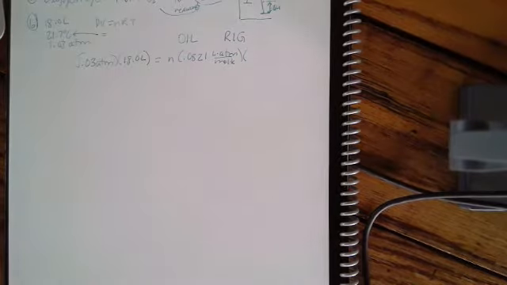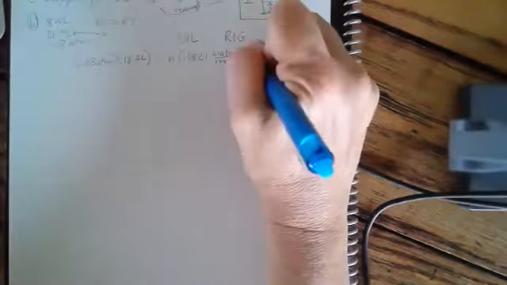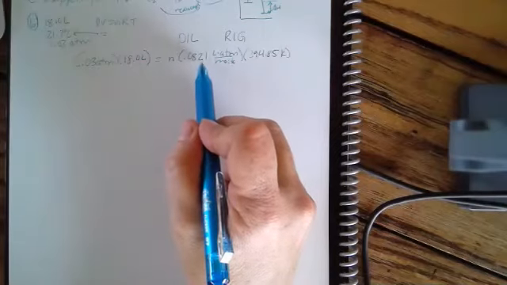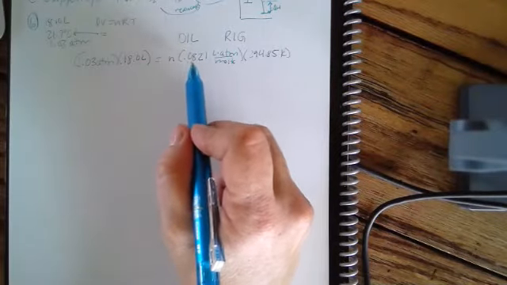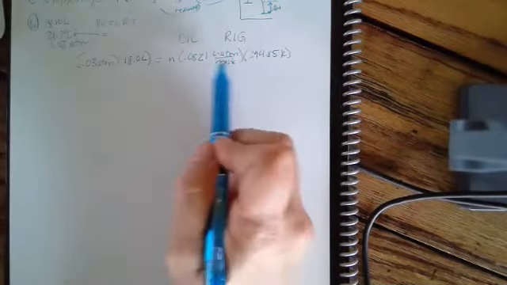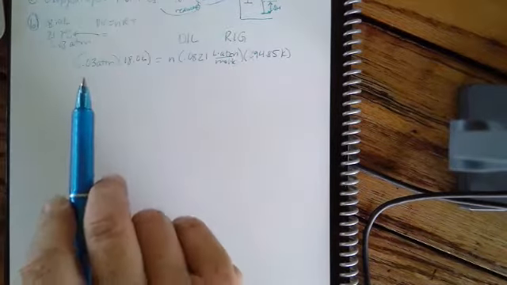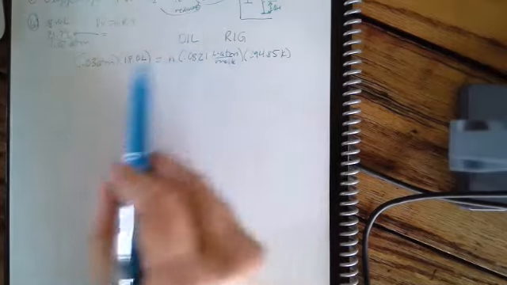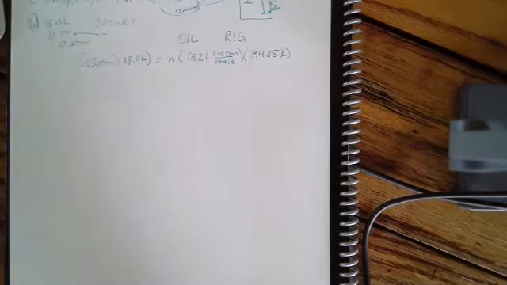So 273.15 plus 21.7. My temperature is 294.85 Kelvin. You may have used a different gas constant for this. Make your units in your problem match the units in your gas constant. This one is the easiest gas constant for me to remember, and I like working with atmospheres and liters.